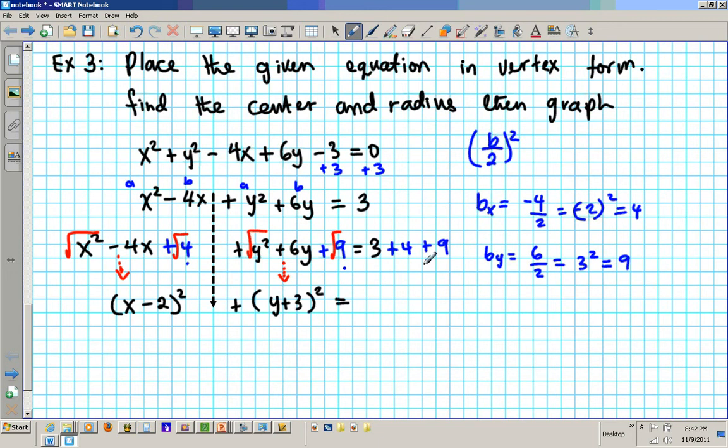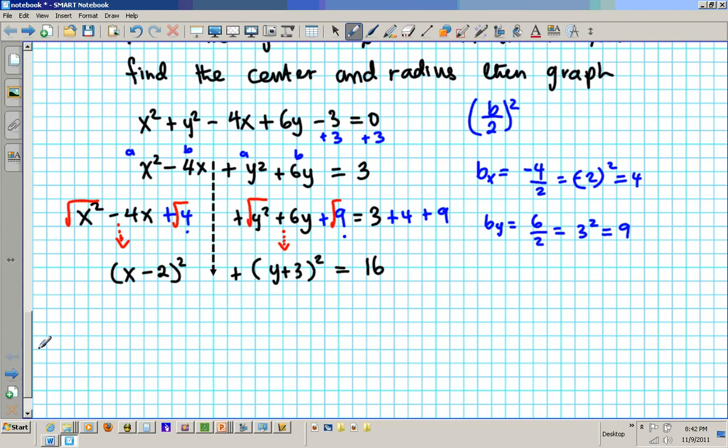And then if you add all this together, 3 plus 4 plus 9, you get 16. So this is the vertex form.